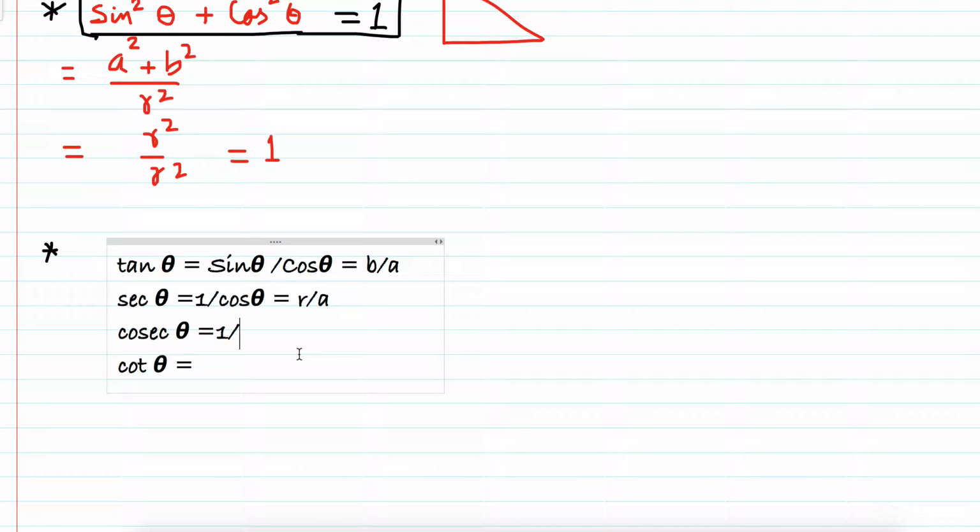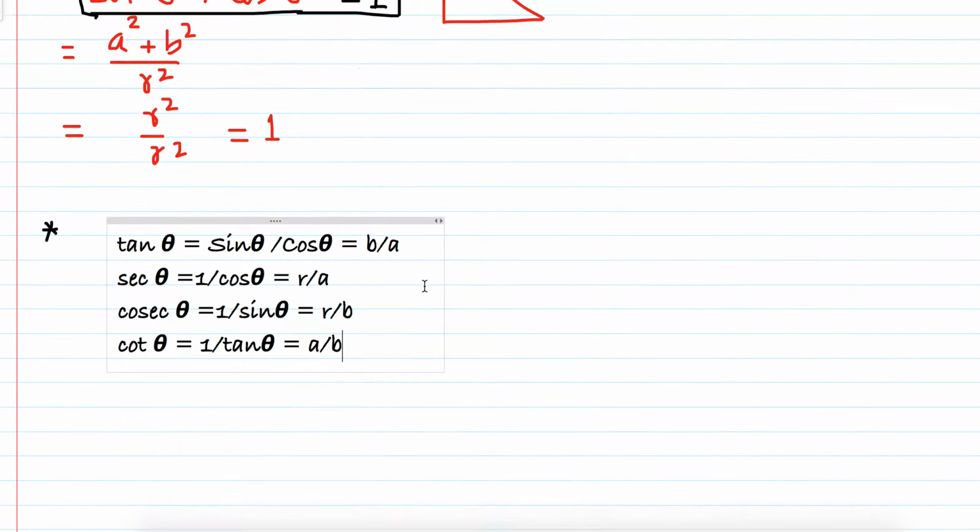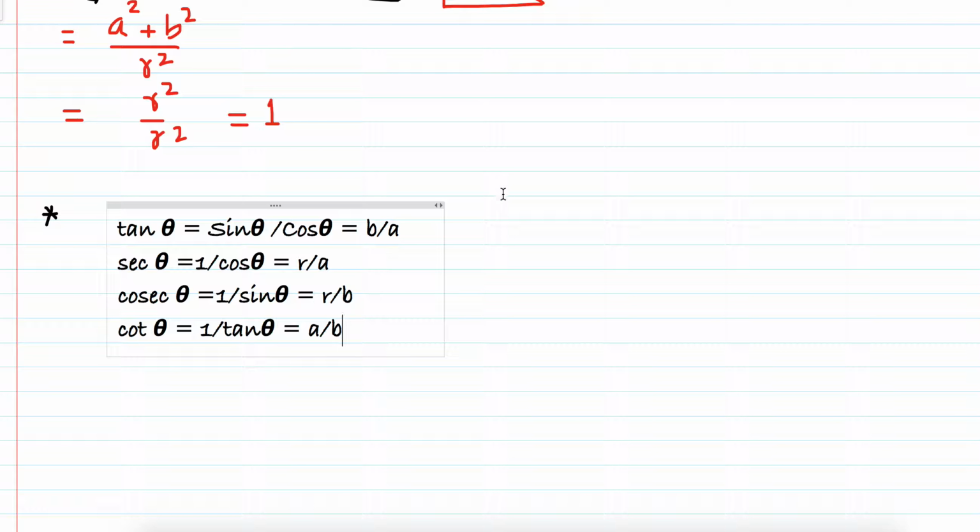Cosec theta is 1 upon sin theta, so we will get r upon b, and cot theta is 1 upon tan theta, so we will get a upon b. This also we should remember.